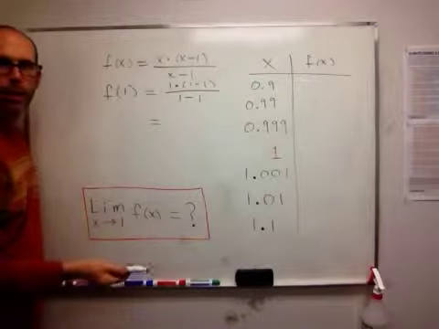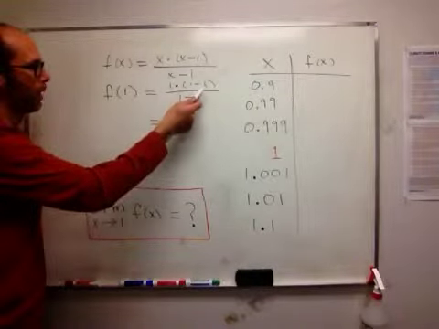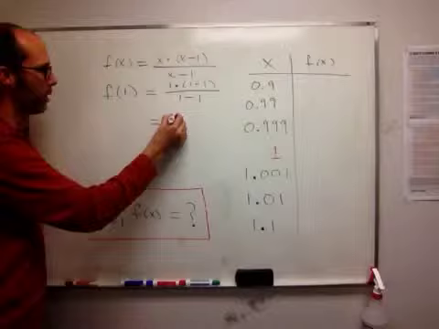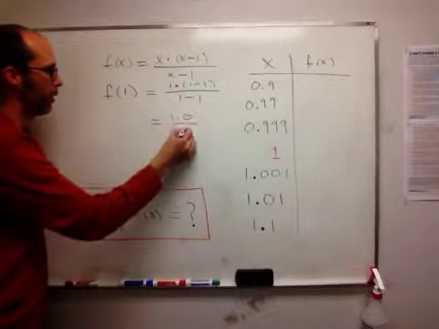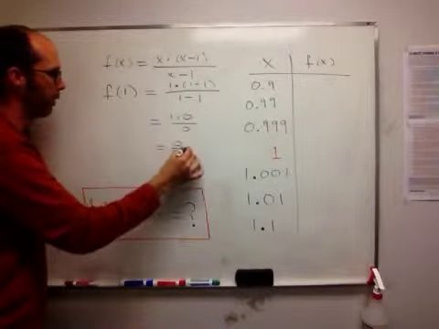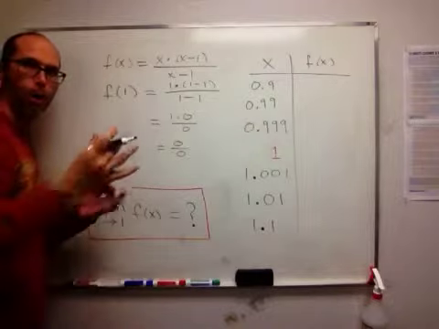Now think about this: 1 times 1 minus 1 over 1 minus 1 gives me 1 times 0 over 0, which is 0 over 0. Boom!